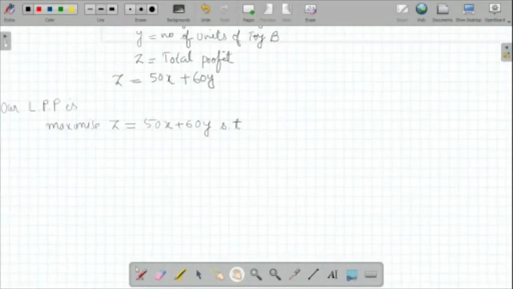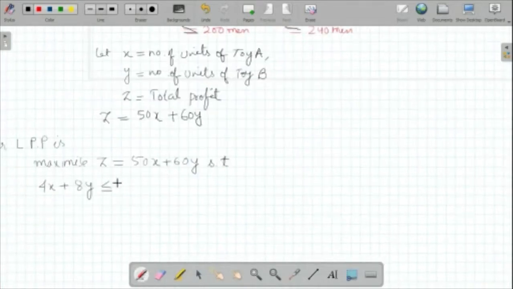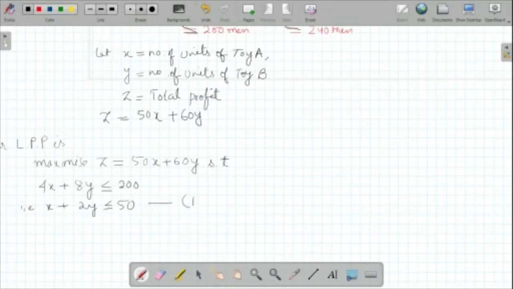So 4x plus 8y less than or equal to 200. That means this can be written as x plus 2y less than or equal to 50. So that is my first equation.